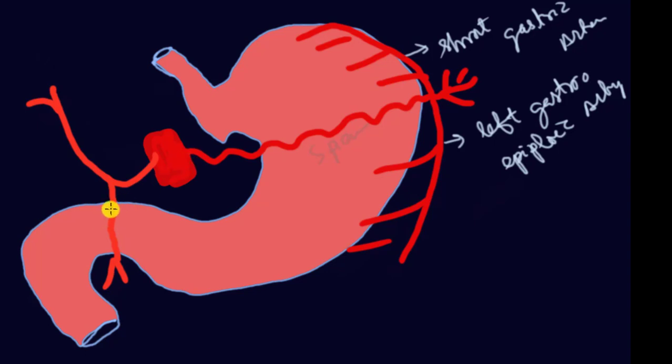Like that, one artery comes in this way and goes along the lesser curvature. This is your what? Left gastric artery. Like that, one branch from the common hepatic artery goes in this way and anastomoses with this. This is your right gastric artery.